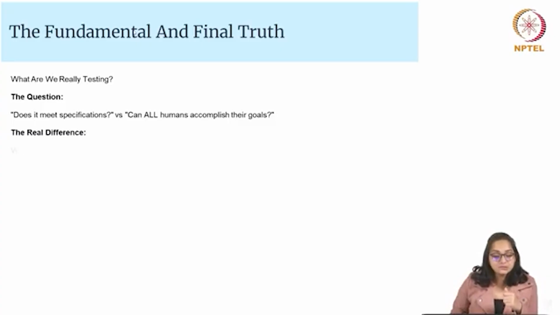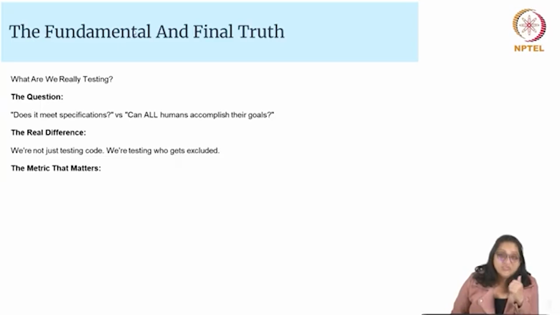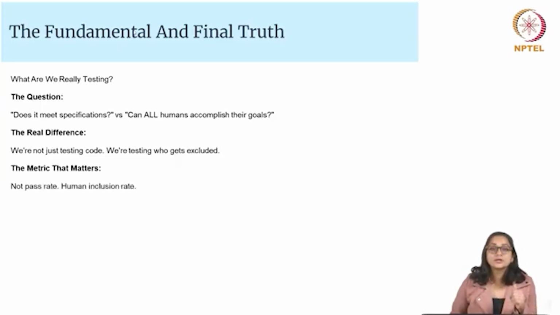The real difference, we are not just testing code, we are testing who gets excluded as well. The metric that matters, not pass rate, but human exclusion rate. And final truth, passing tests is not equal to passing humanity or inclusion in any way, right?